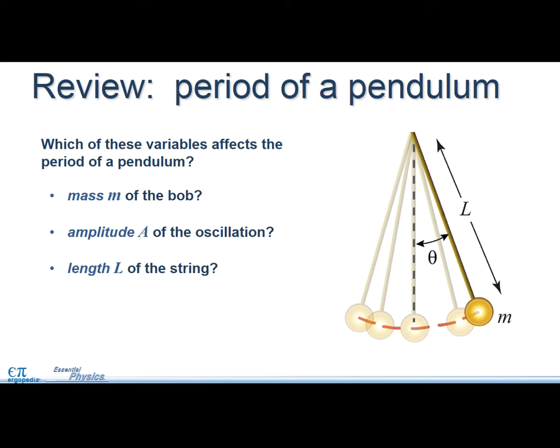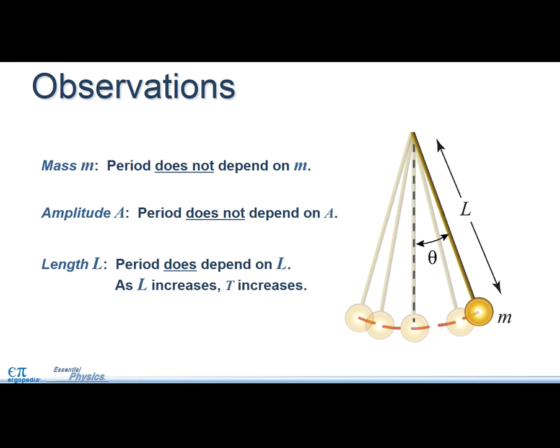If we changed the mass, we found that the period does not depend on the mass. There's more mass to be moving, but there's also more tension in the string pulling it back. Those things change together, so the period does not depend on the mass.